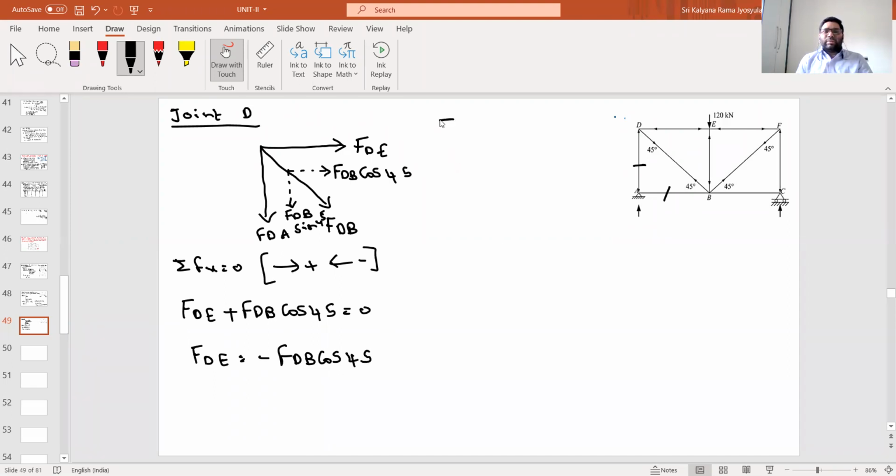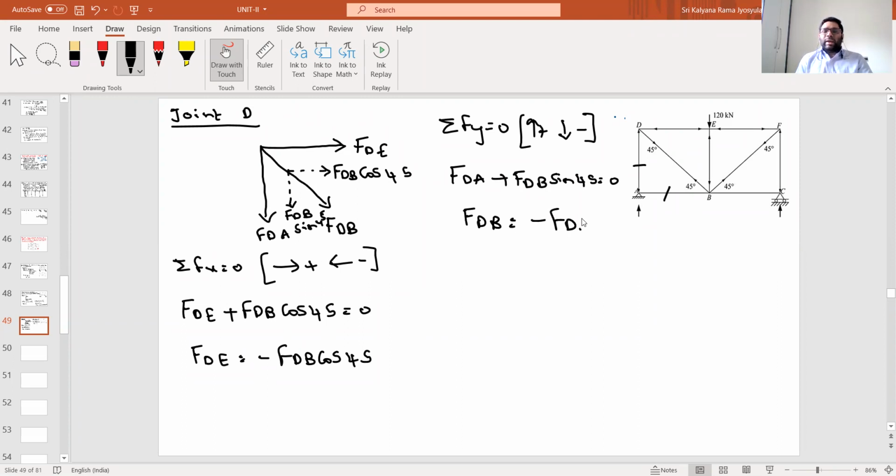Now let us take sigma Fy is equal to 0. Upward positive, downward negative. So FDA plus FDB sin 45 is equal to 0. FDB is equal to minus FDA by sin 45.